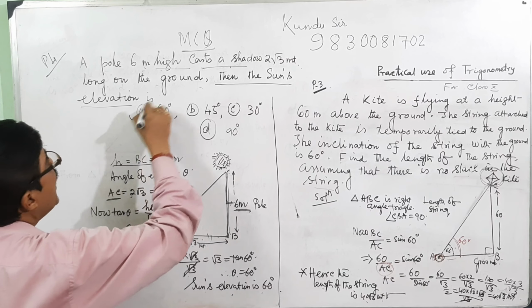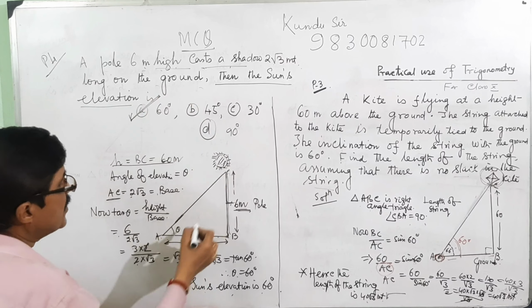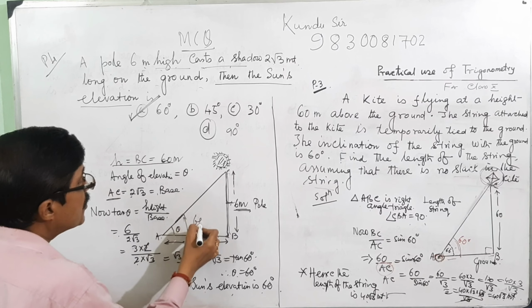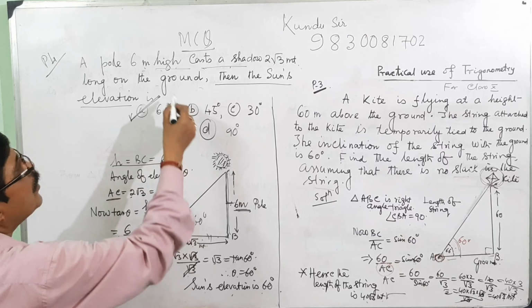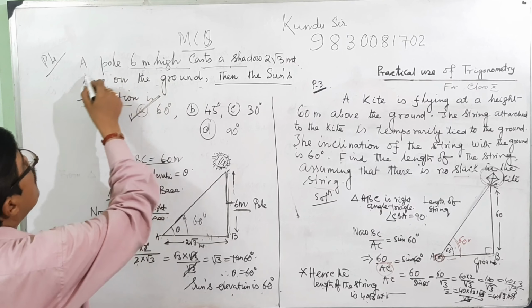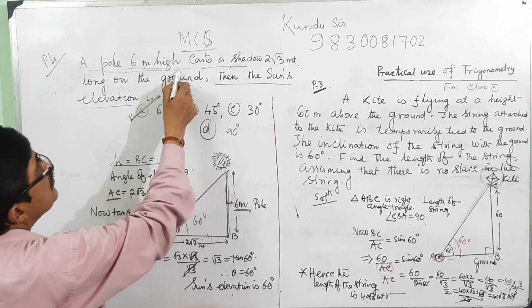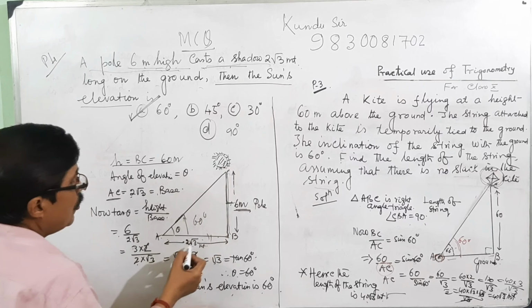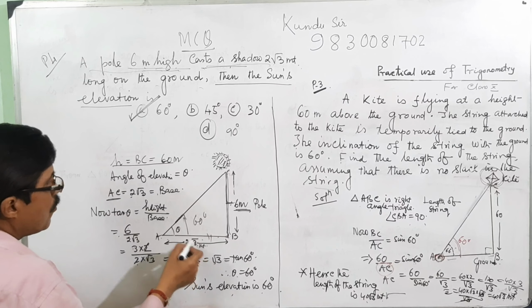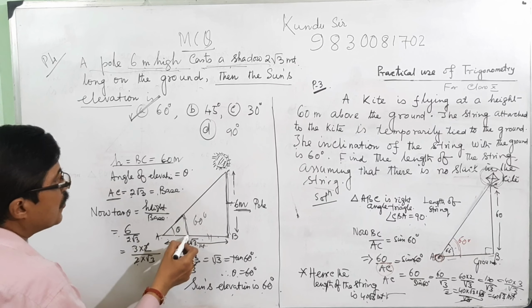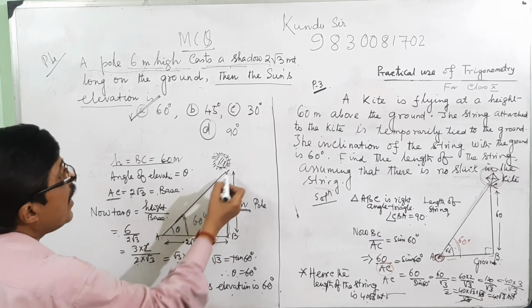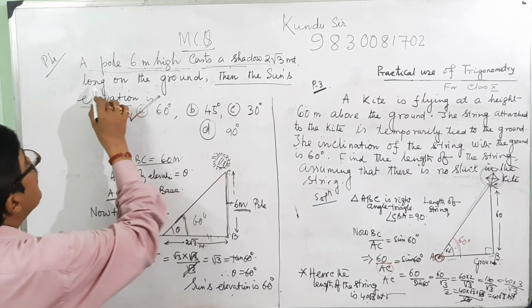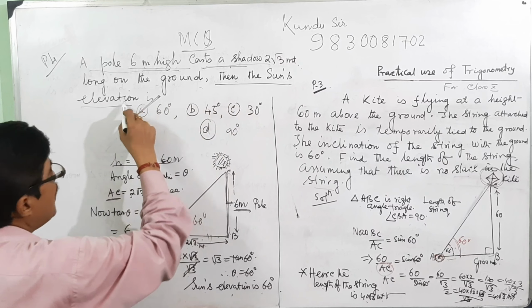So the sun's elevation is 60 degrees, which is MCQ option A. That means a pole of height 6 meter casts a shadow of 2 root 3, and we have to find the angle between AB and AC, the sun's elevation.